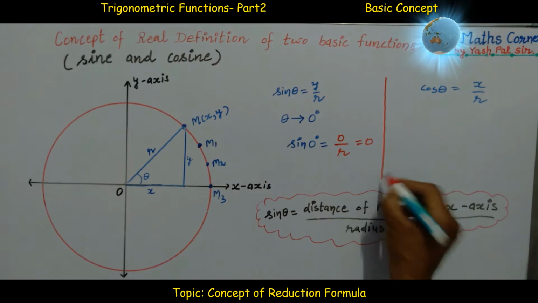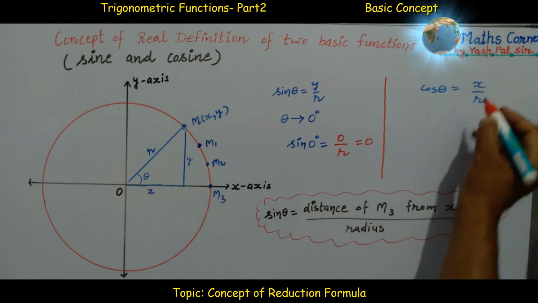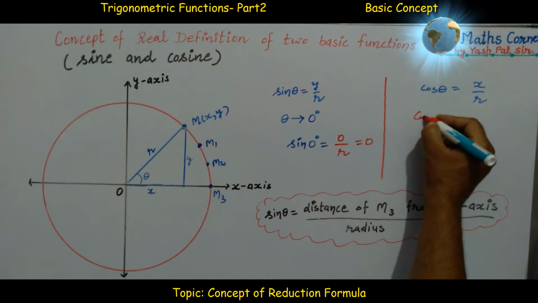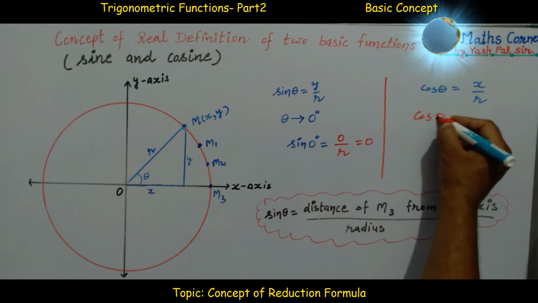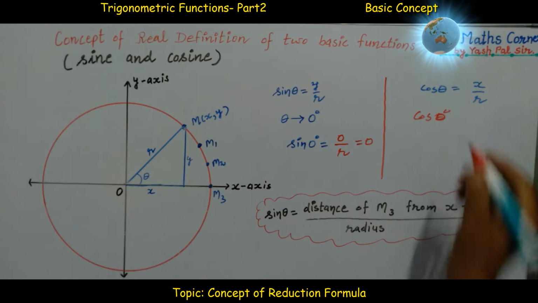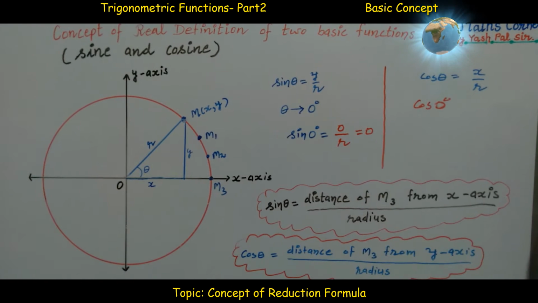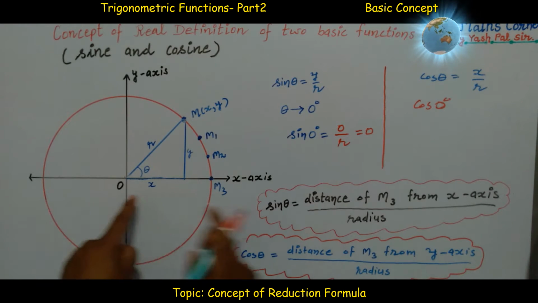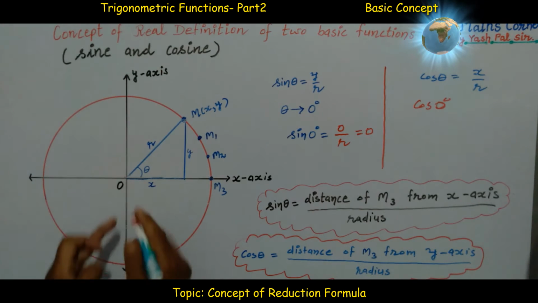Likewise, here cos theta is cos 0 degree. Using the real definition, cos theta is equal to the distance of M3 from the y-axis, that is from this to this.